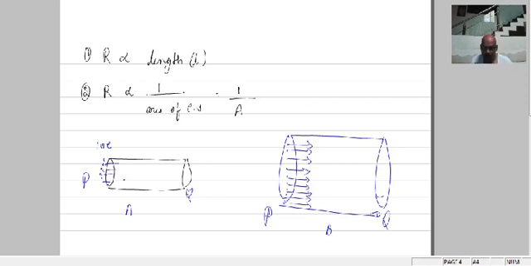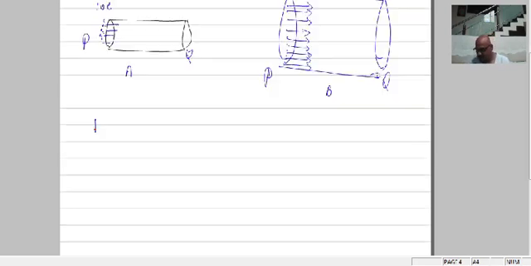So R is directly proportional to the length L and inversely proportional to the cross sectional area. If we write this combined, and remove the proportionality sign, we get R equals some constant rho times L divided by A. So again we come across another proportionality constant.